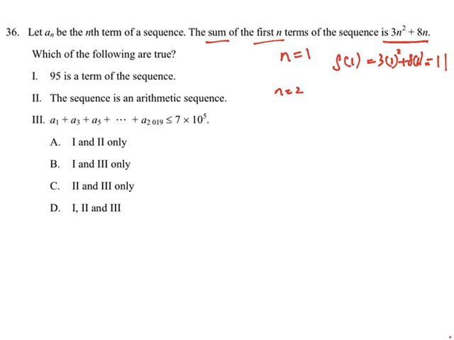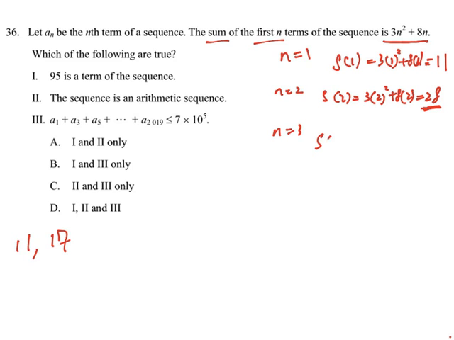And when n is 2, S2, 3 times 2 squared plus 8 times 2, is equal to 28. That means the first term is 11, and S2 is 28, so 28 minus 11 is 17, the second term. Because S2 is the sum of the first and second, we use the sum of 2 minus the first one, 11.